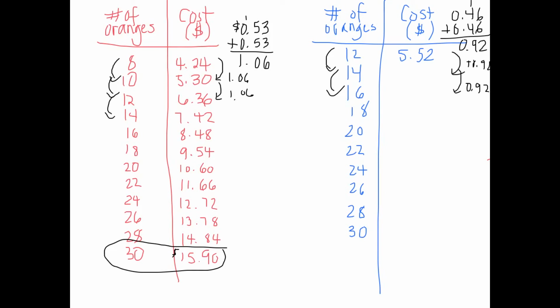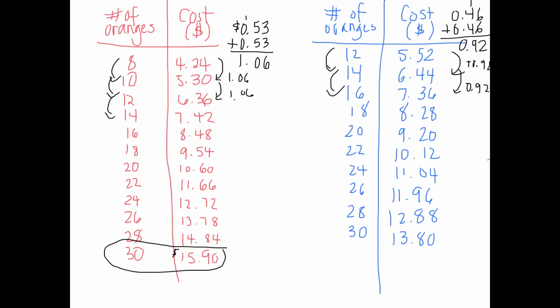So let's do that. And there we go. We've completed the table up to 30 oranges. Well, 30 oranges from store B cost $13.80. Which store is cheaper? Still store B. It's $13.80 for 30 oranges from store B and $15.90 for 30 oranges from store A.